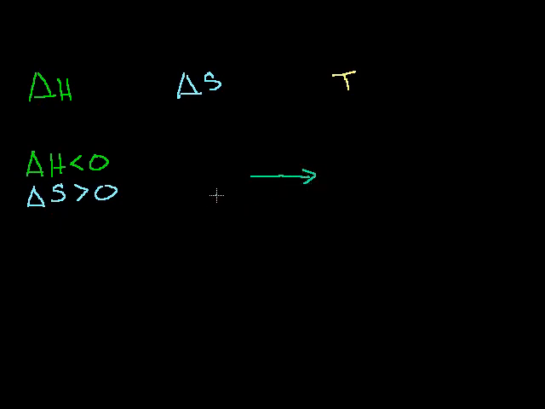We've seen that entropy is related to the number of particles we have. So this could be a reaction where, let's say I have that guy, one guy like that there, and then I have another guy like this, and let's say he's got a molecule like this.